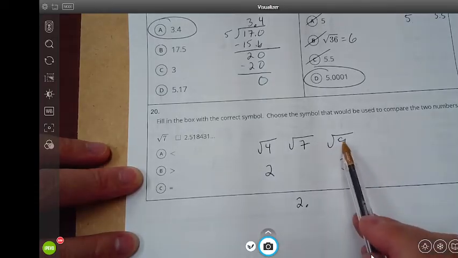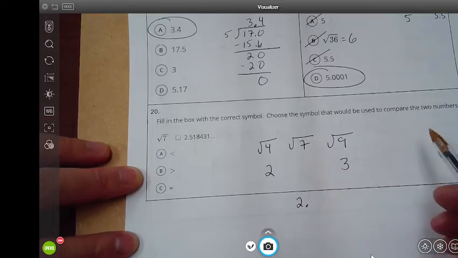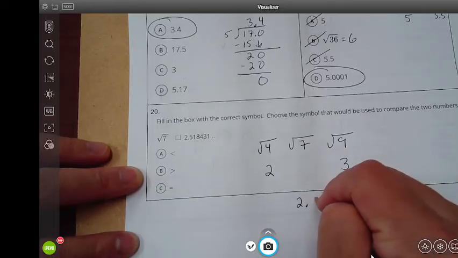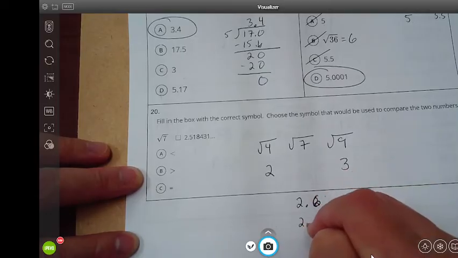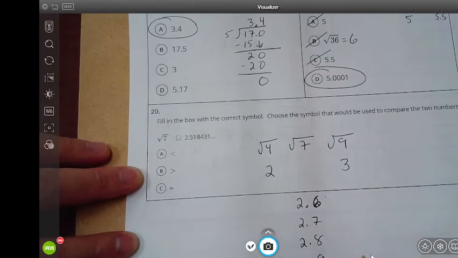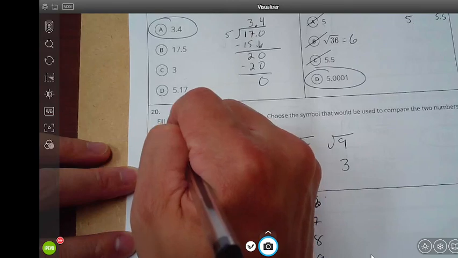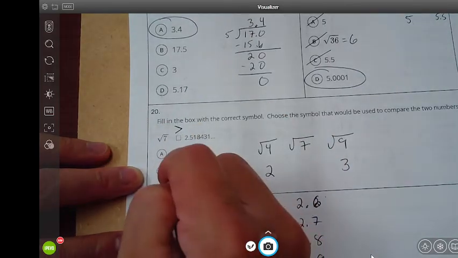It's closer to the bigger 3, so it's going to be bigger than 2.5. Okay, so since it has to be bigger than 2.5, what are our options? We got 2.6, 2.7, 2.8, 2.9. All right, so any of these would be a good estimate. Any of these is bigger than 2.5. Okay, all right, so this one would have to be option B.